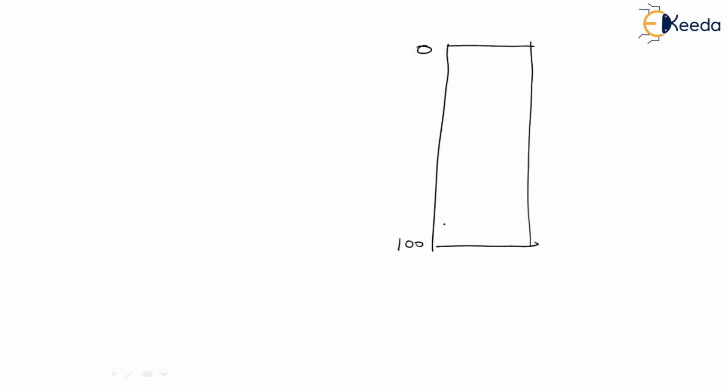When it comes to the main memory, let us understand that the main memory size is, let us say, 0 to 100. Now, I want to design an 8-element stack from 100 to, let us say, 93. This is an 8-element stack.